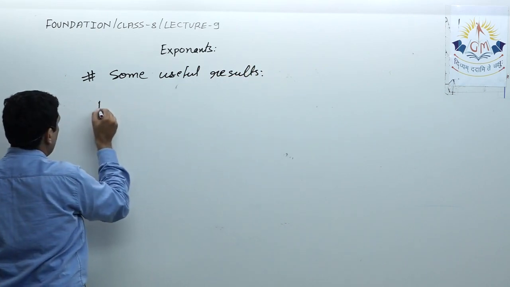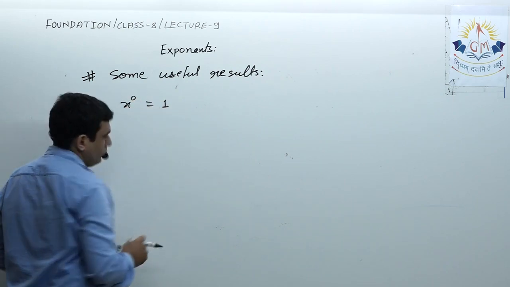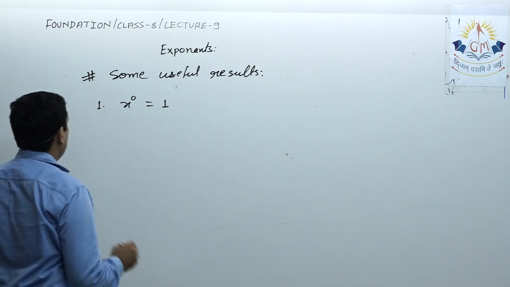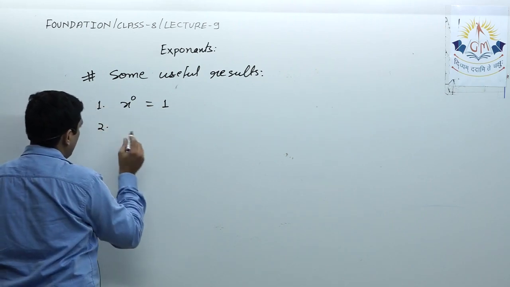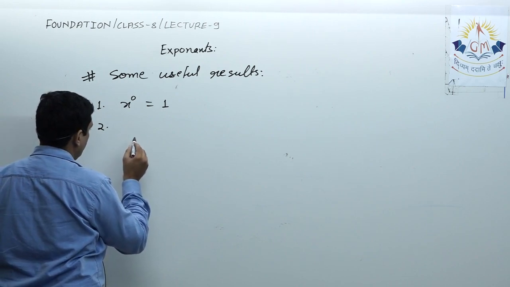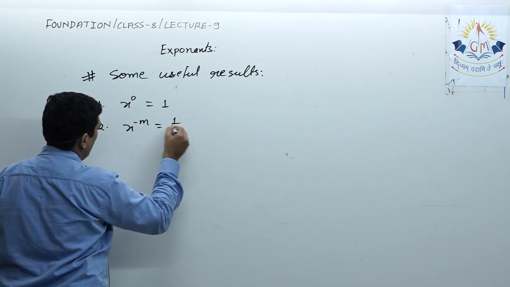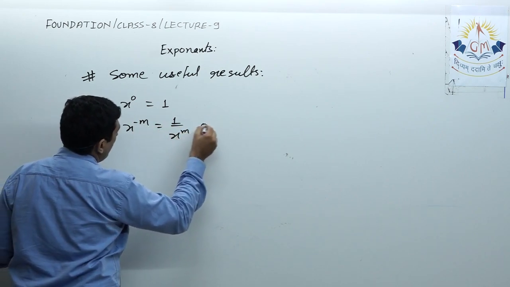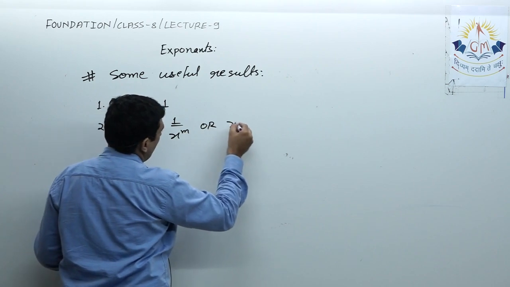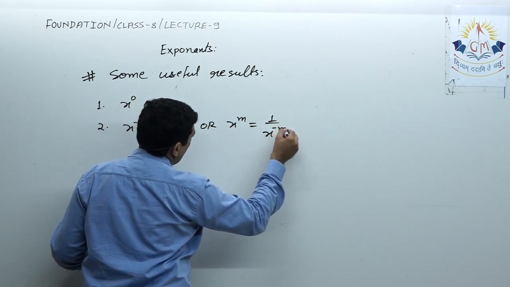In this, the first one is x raised to 0 is equal to 1. Then next is x raised to minus m is equal to 1 upon x raised to m, or if I have x raised to m, then it is equal to 1 upon x raised to minus m.